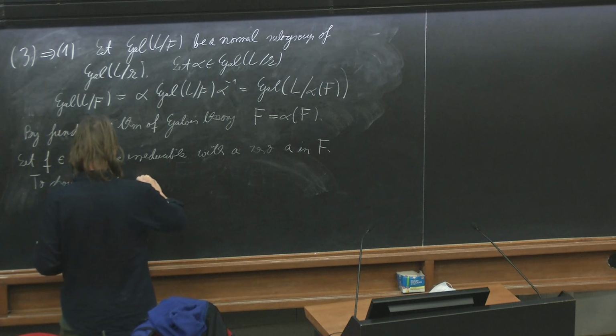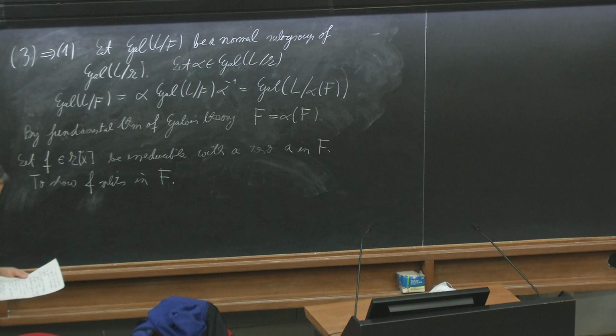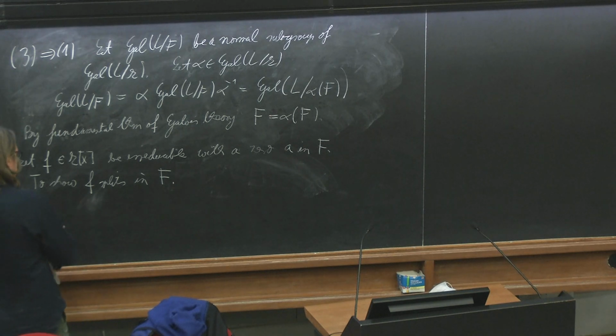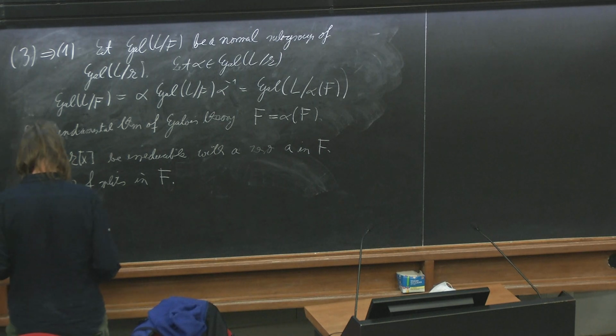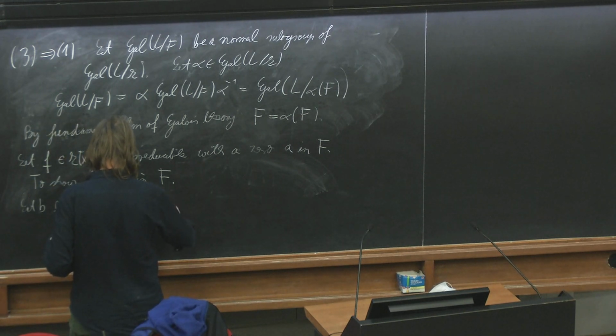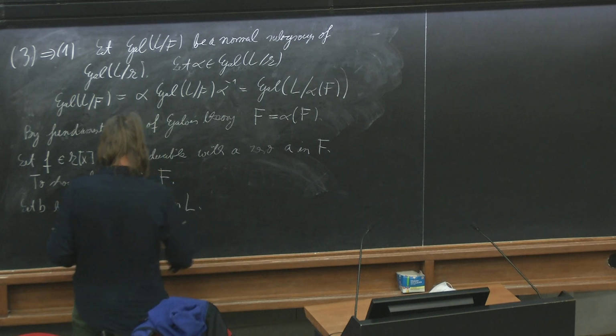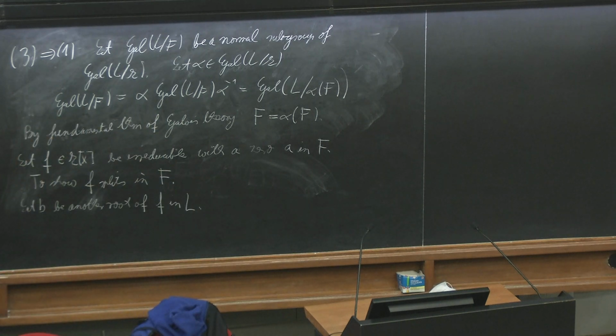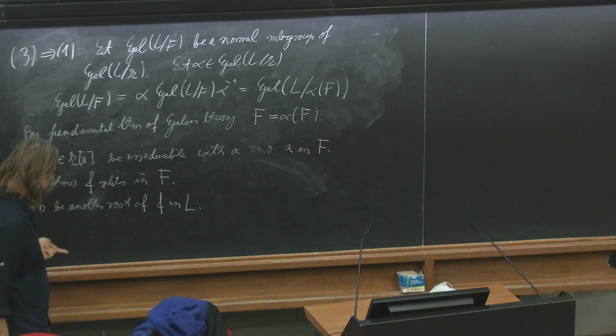In the field F. So let's take another root. Let B be another root of f in L. We know that L over K is normal.